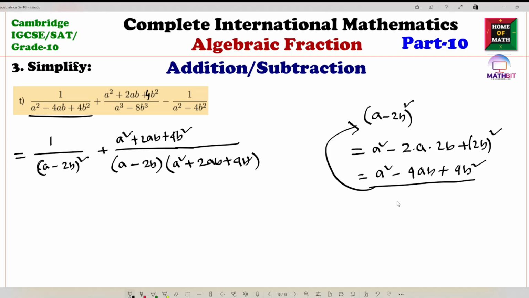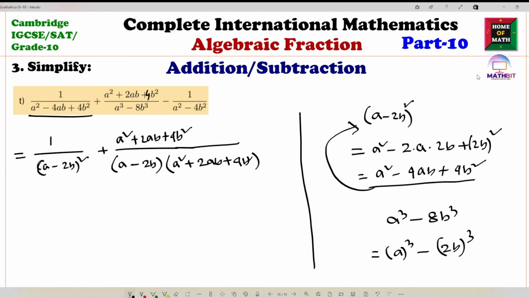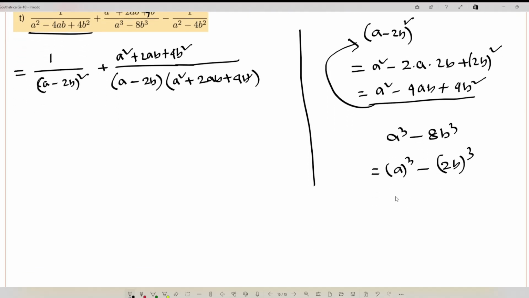How? Look, a cube minus 8b cube, this one we can write a cube, and 8 means 2 cube, b means b cube. So 2 cube means 8, b cube means b cube. So as per the factorization law of a cube minus b cube, we can write a minus 2b, then a square plus ab, a means a, b means 2b, plus b square means 2b square.